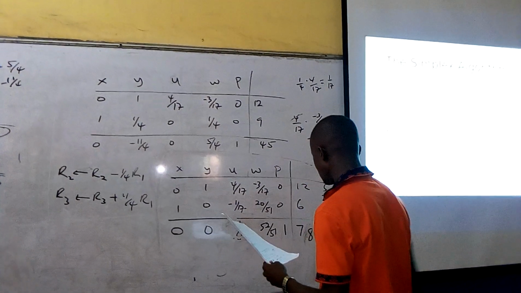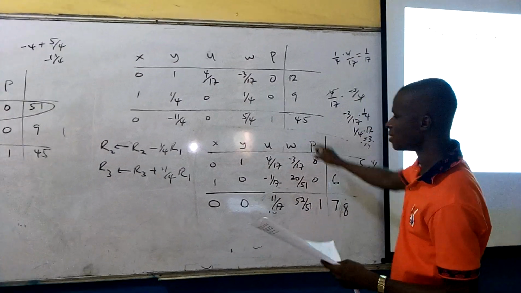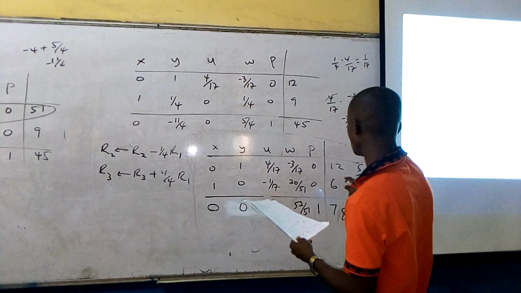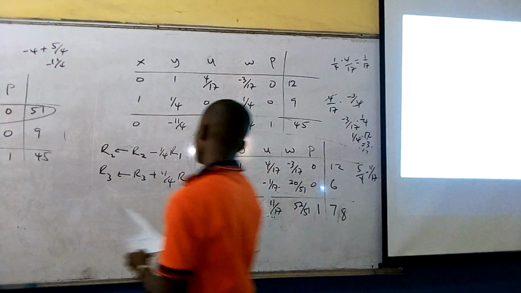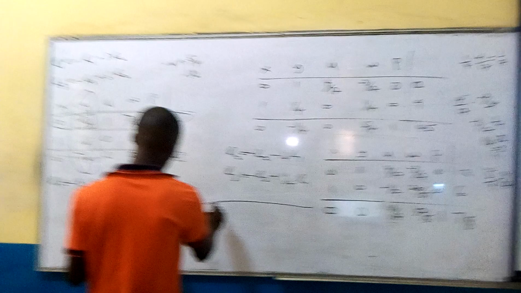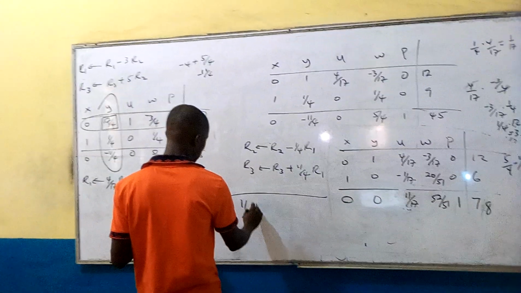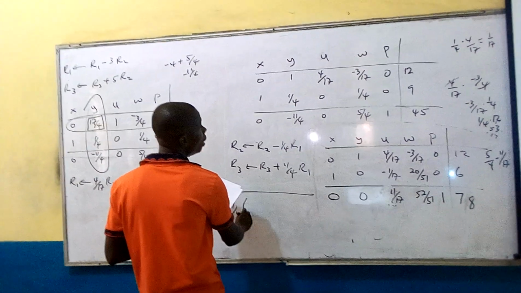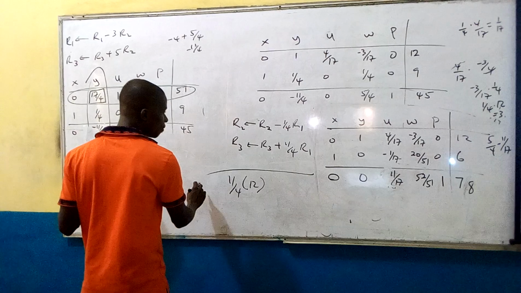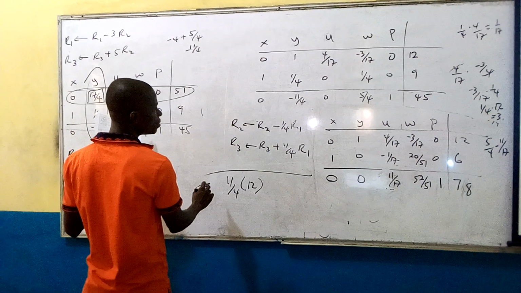Then we can try this. Let's try the last one. 11 over 4 times R1, which is 12. Then the R3 value is 45.